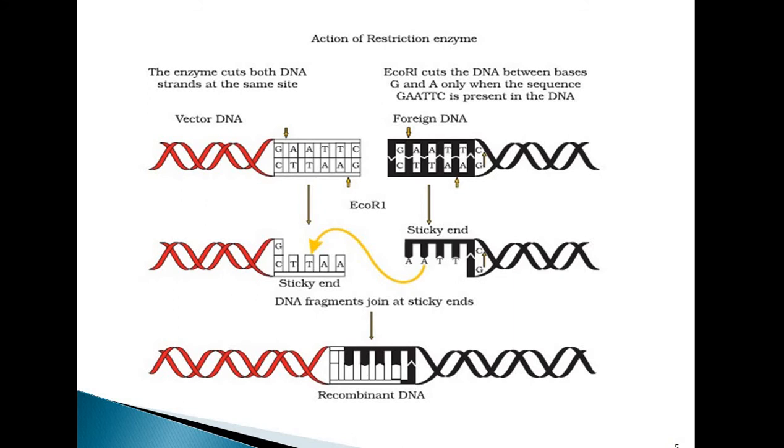We cut it with the specific EcoR1 restriction endonuclease enzyme, which recognizes a specific sequence in both the vector DNA and the foreign DNA. After that, it cuts it. Here we have the sticky ends and we join them with the help of DNA ligase. So this is the recombinant DNA which you got.